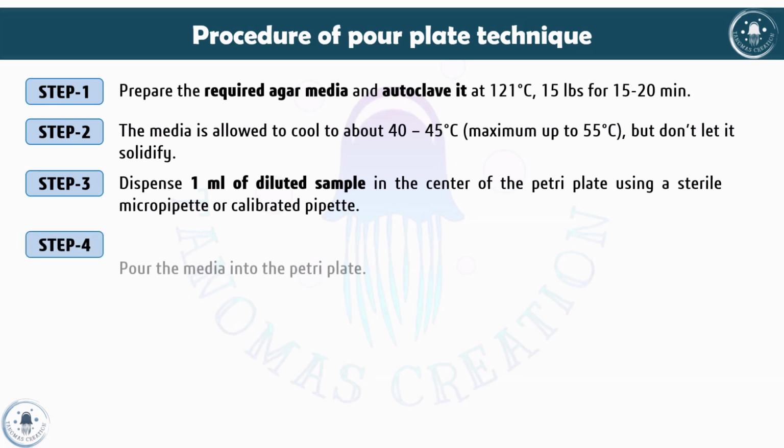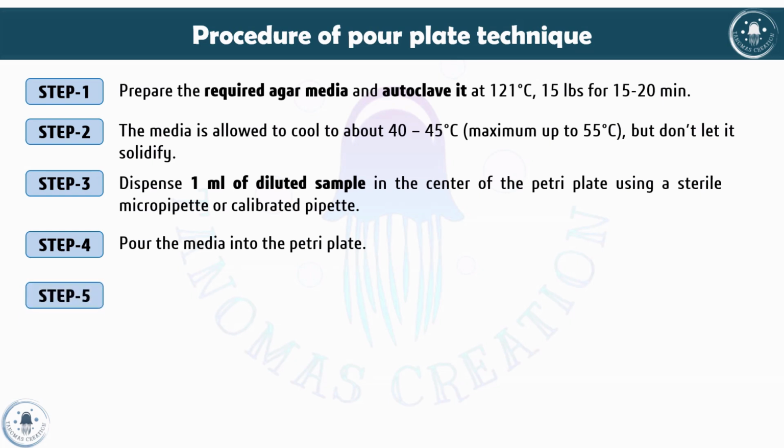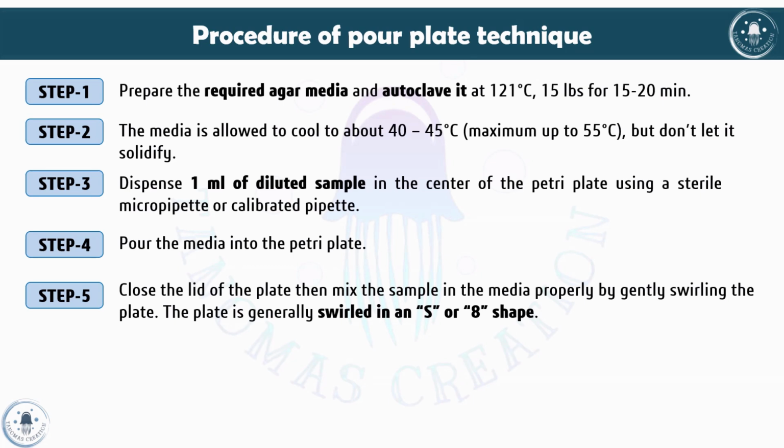Now, after that you pour the media, which you have cooled down to 45 degrees Celsius, into the Petri plate. You pour the media over the 1 ml which you have placed in the center of the plate, and then you close the lid and mix the sample properly by gently swirling the plate.